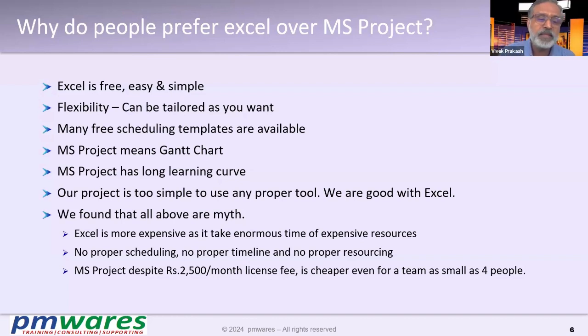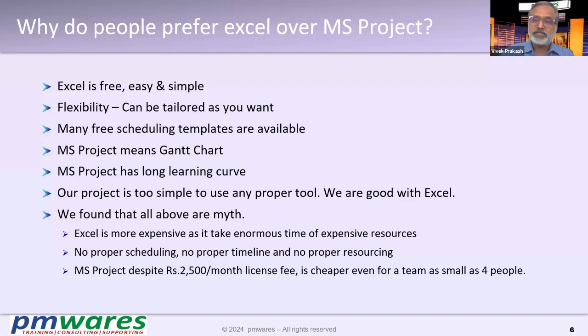spent in this. We found that despite MS Project having a 2,500 rupees fee, approximately $30 per month, which is quite high in general, even for a 4 people team, we saw in that calculation that it was cheaper than Excel.